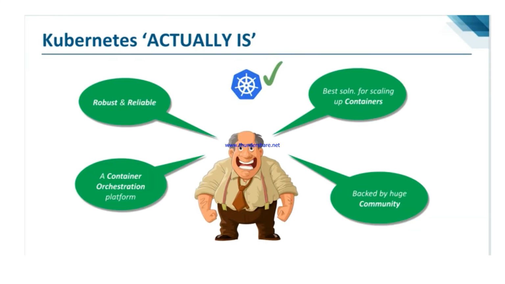Coming to Kubernetes, it is actually used for reusability purposes. It is also an orchestration platform, and we use it for scale up and scale down processes, and in the backend it has a huge community.